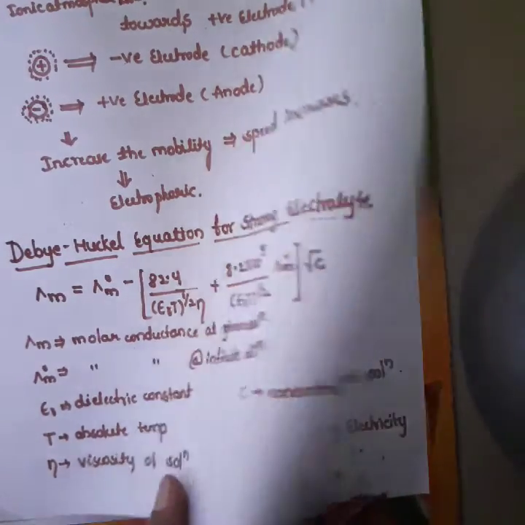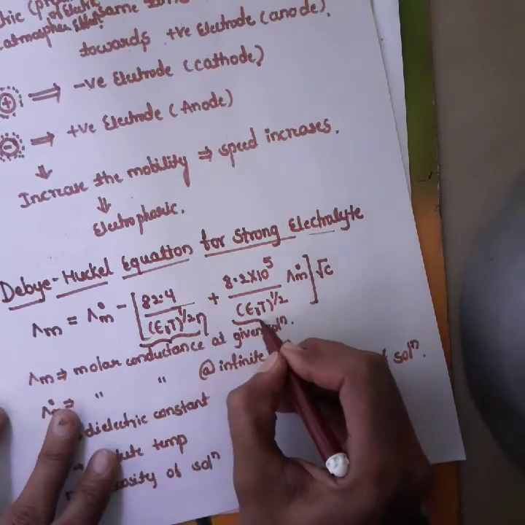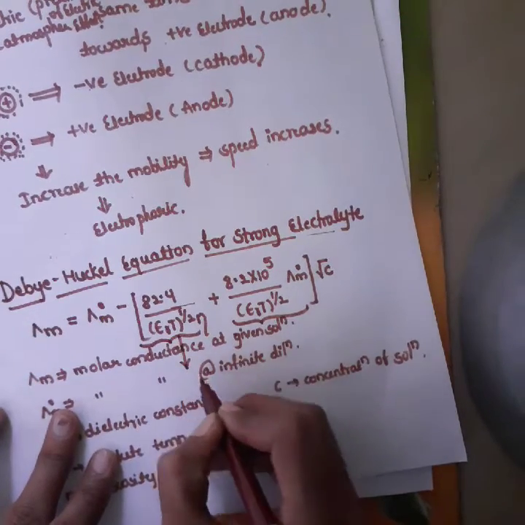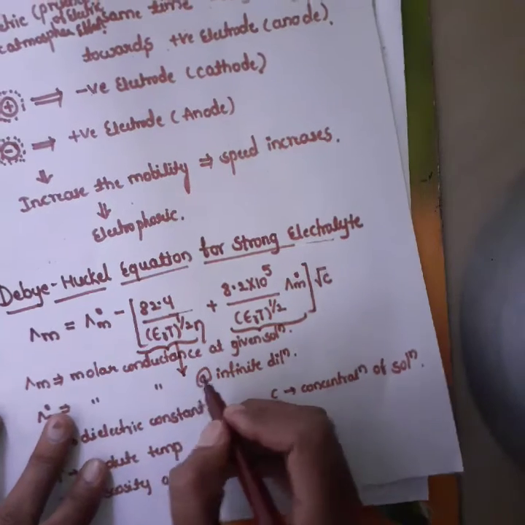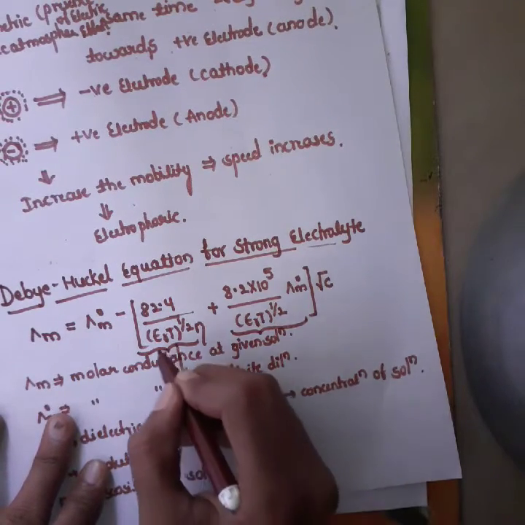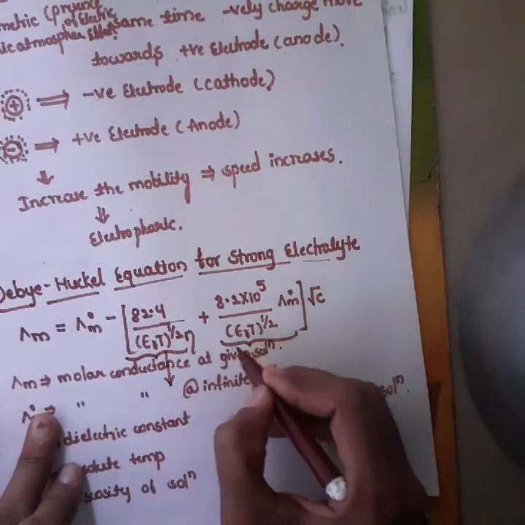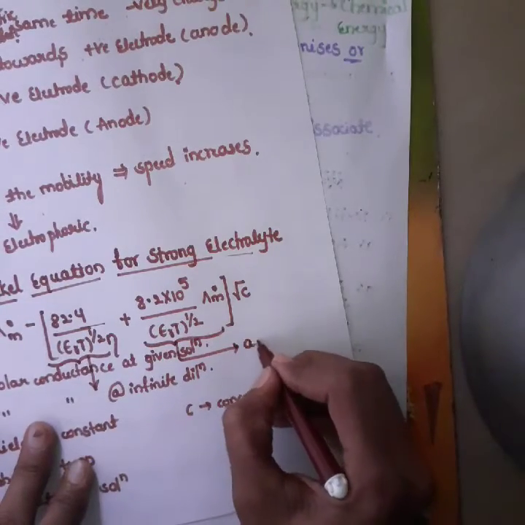Now we study the Debye-Hückel equation in detail. This is the first term, and this is the second term. The first term we get by measuring the electrophoretic effect, and while measuring the asymmetric effect, we get the second term.